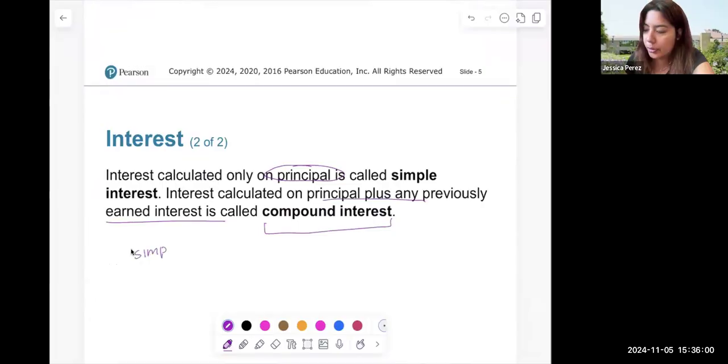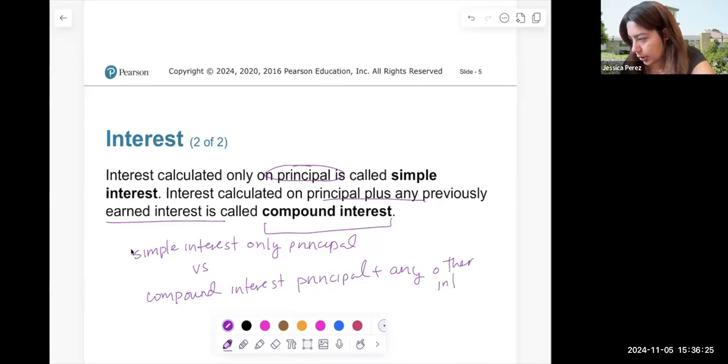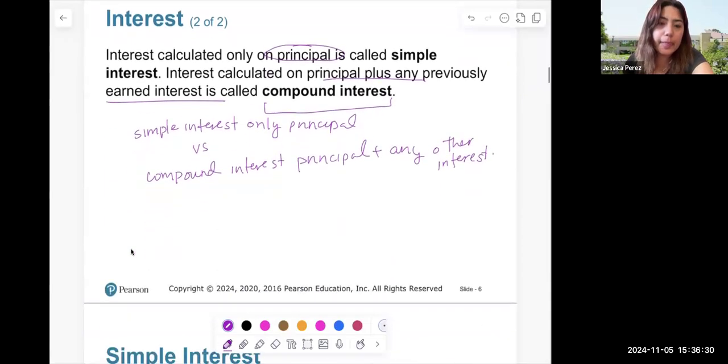We're going to look at simple interest, when you're looking at only the principal, versus compound interest, which is when we are taking the principal plus any other interest. So it's an accumulation of more than one principal.